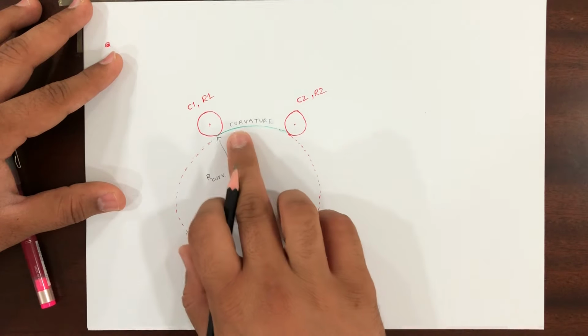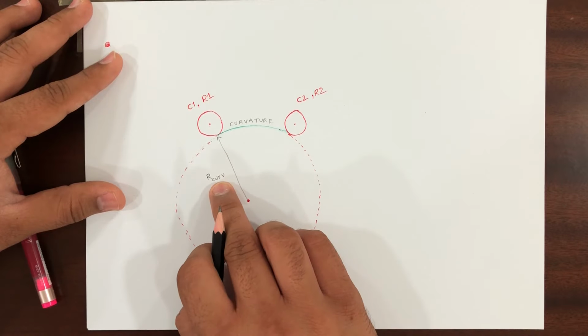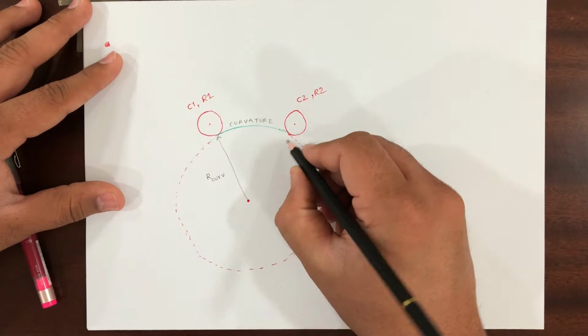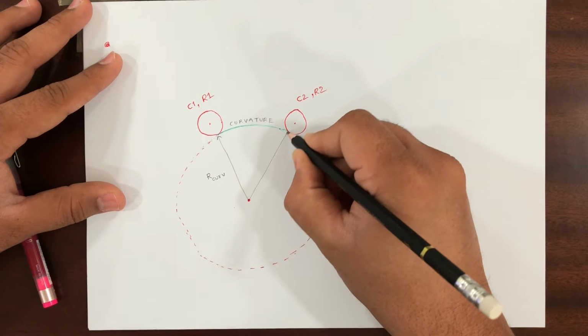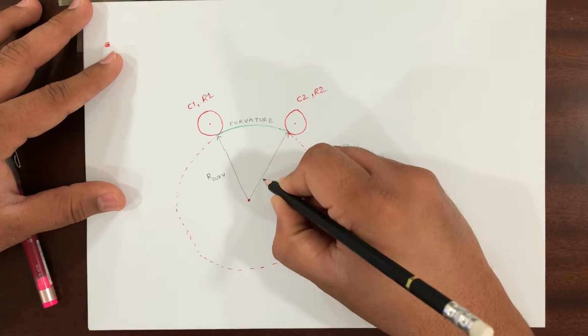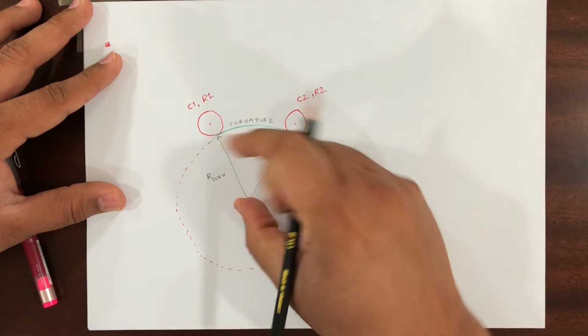Actually it is curvature, but I am writing it as R curve. Similarly here also it is R curve. This and this are the same.